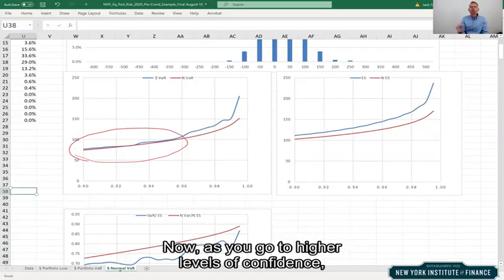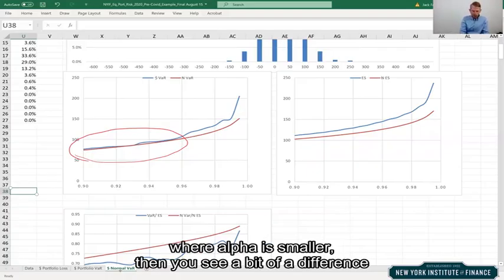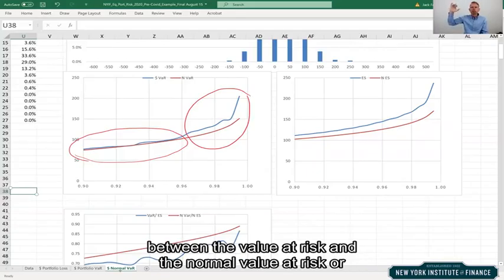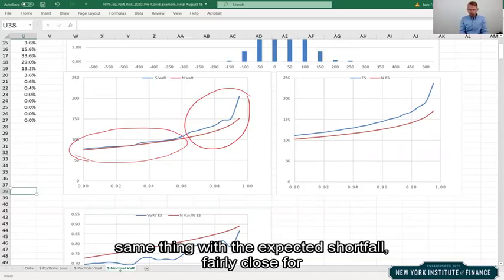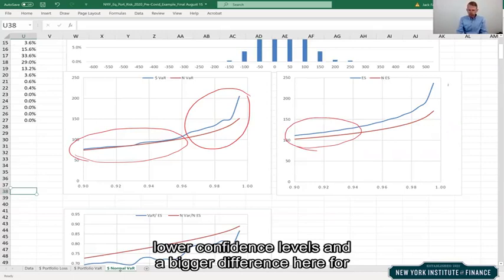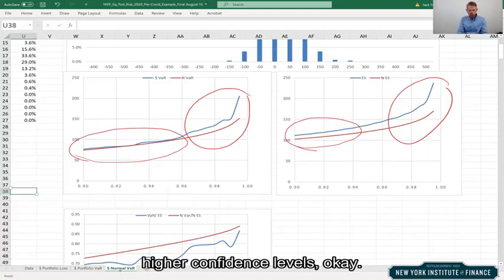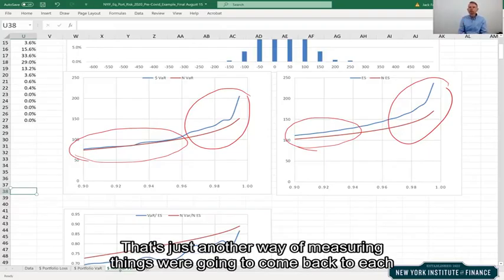Now, as you go to higher levels of confidence, where alpha is smaller, you see a bit of a difference between the value at risk and the normal value at risk, or the value at risk you get if you had a normal distribution. And same thing with the expected shortfall: fairly close for lower confidence levels, and a bigger difference for higher confidence levels. Okay, so that's just another way of measuring things.